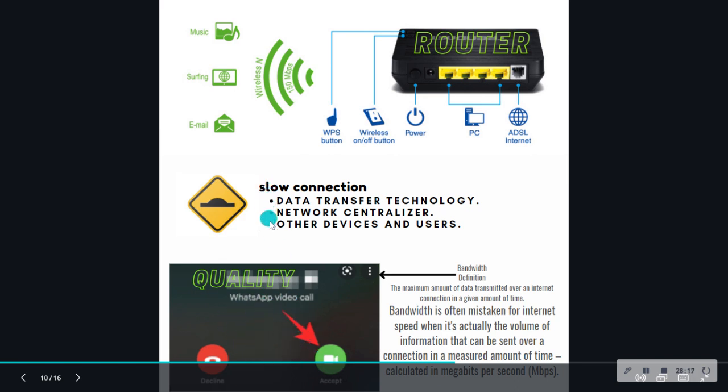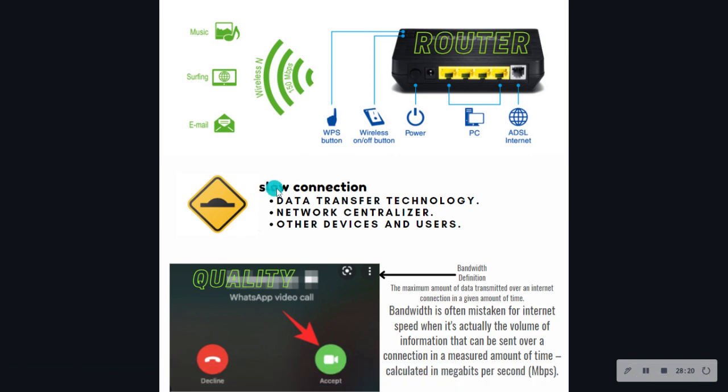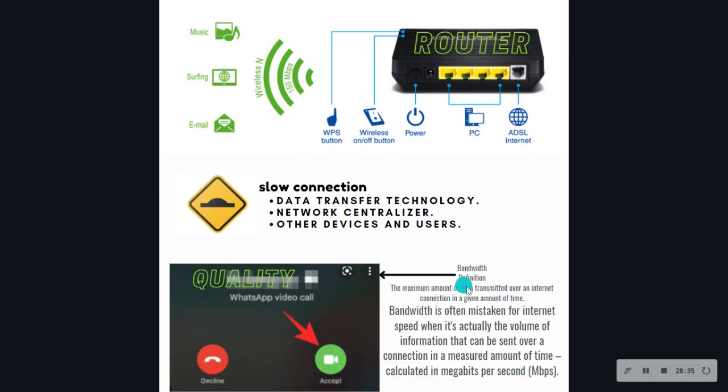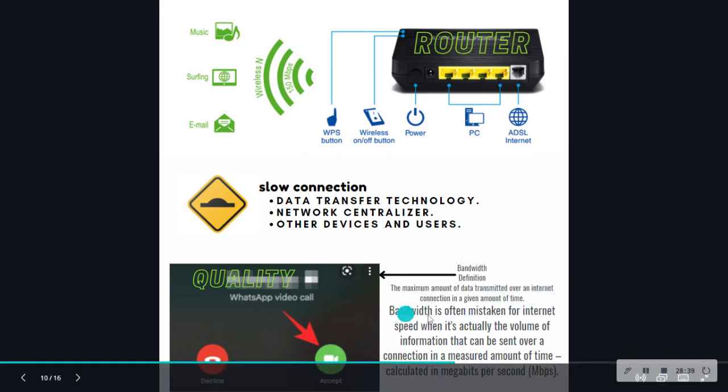You need to know theoretically why that will cause a slow, poor quality connection. Basically, the quality of the connection will have to do with the bandwidth. In other words, the maximum amount of data transmitted over an internet connection in that given time.